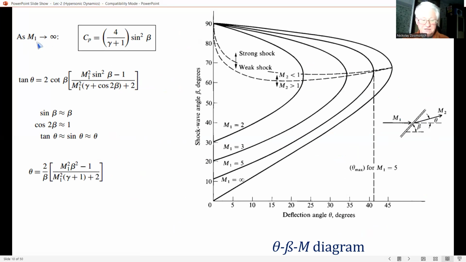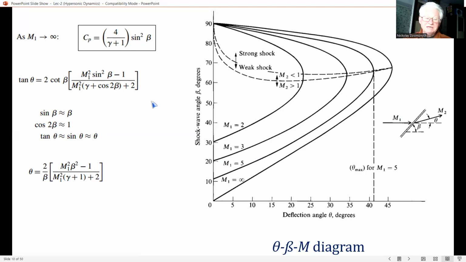Okay? In the hypersonic limit, we can write M1 going to infinity. So we may write Cp as this first nice expression: Cp is proportional to 4 over gamma plus 1, in parentheses here, right? Times sine squared beta.